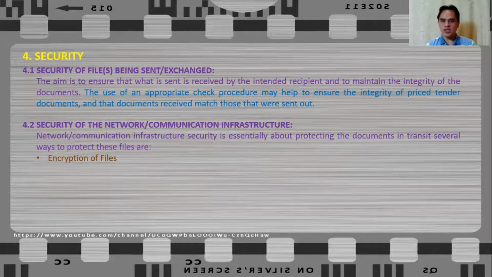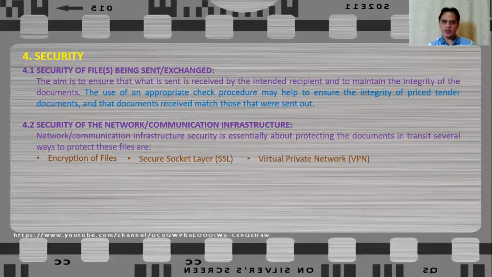So this is basically putting in a password before you send it, and then the receiver will also have the password in order to open it. If you don't have the correct password, these files will not be readable. So that is file encryption. Also the use of secure socket layer or SSL, and some virtual private network or VPN.